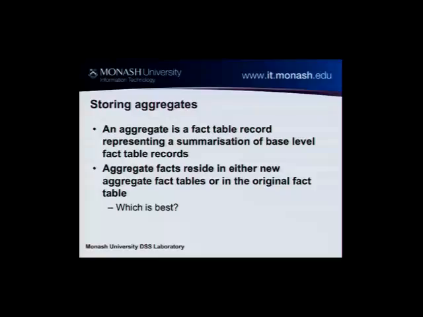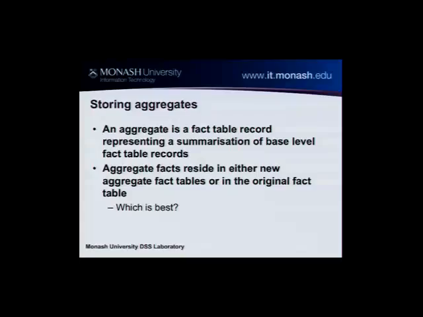We might add in another member of that dimension called all month, and another one for all year. So we add in an extra attribute for each hierarchical level in the dimension. That creates an extra primary key value, and therefore an extra row in the fact table that we can then store the summarised value in. Sorry, that was a poor way of expressing it. So we're creating an extra row in the fact table to store that aggregate pre-calculated value.